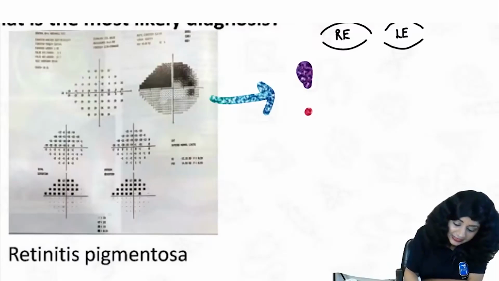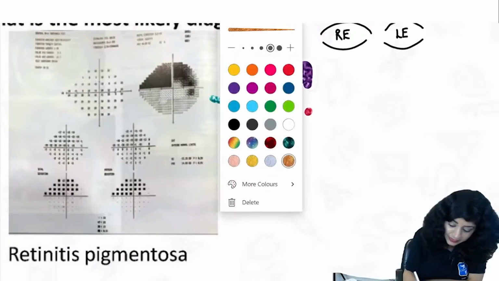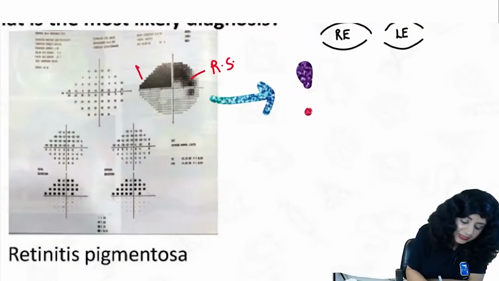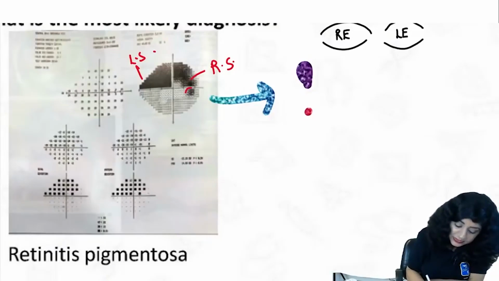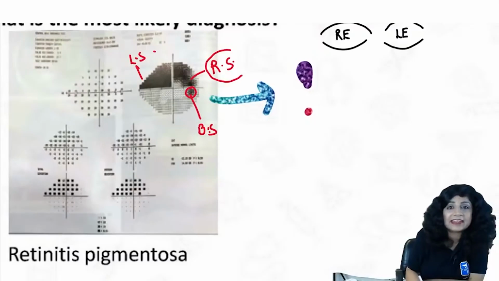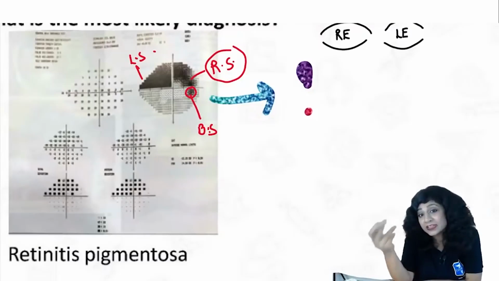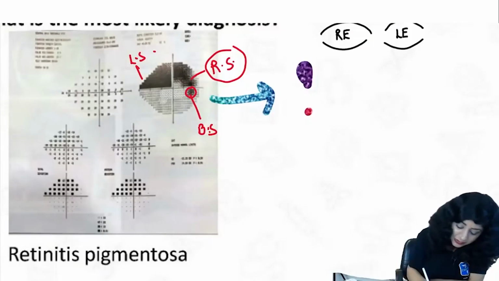So my right will become his right and my left will become his left. So now this side becomes the right side and this side becomes the left side. Now because here you can see a blind spot, the blind spot is on the right side. Now whichever side the blind spot is, that eye it will be. So blind spot on the right side, so this will be your right eye.